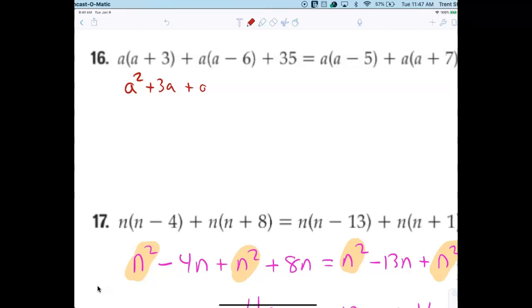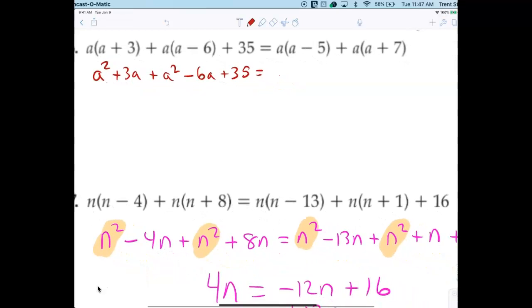Plus a to the second, minus 6a, plus 35 equals a to the second, minus 5a, plus a to the second, plus 7. What happens to the a squares? You add all these together, which equals 2a squared. It's been a long weekend.